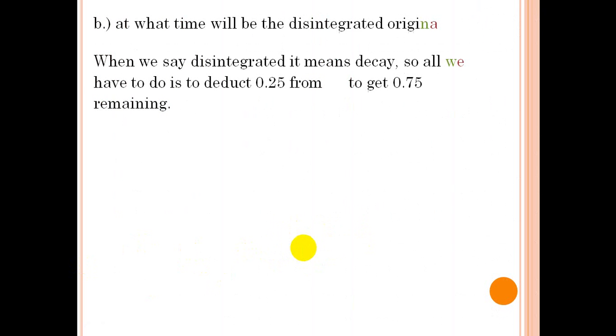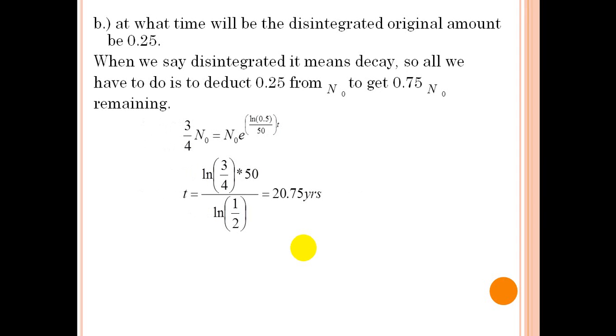So B: at what time will the disintegrated original amount be 0.25? When we say disintegrated, it means decayed. So all we have to do is to deduct 0.25 from the original amount to get 0.75 of the original amount, which is equal to the remaining amount of the radioactive material. So by substitution, we have 3/4 of N sub o equals N sub o times e raised to the power of ln 0.5 over 50 times t.